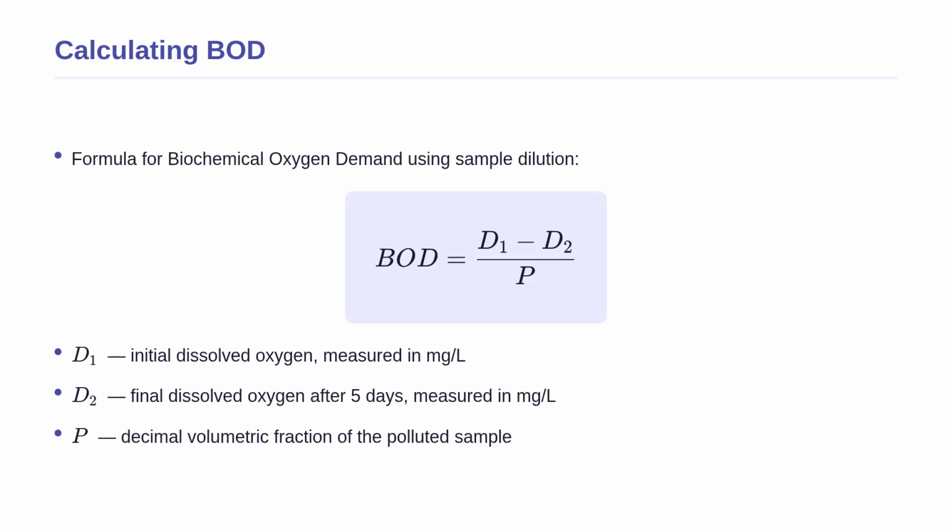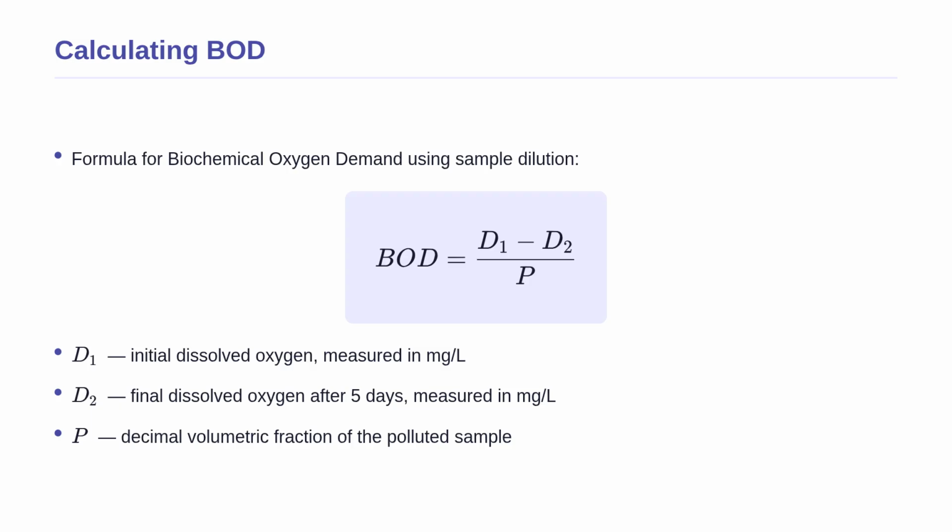Since raw sewage would consume all the oxygen in a test bottle within hours, we must dilute it to calculate the BOD. This formula we just saw on screen relies on the difference in oxygen concentrations. Conceptually, it calculates the total oxygen consumed by the bacteria in the diluted mixture and then scales it up to find the demand of the pure wastewater.